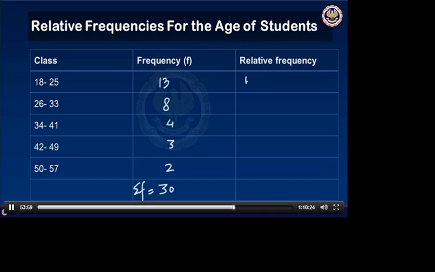So we are going to take 13 divided by 30, and we have the relative frequency as 0.433. Then we can do for the second one, which will be 8 divided by 30, which will be nothing but 0.267. So this relative frequency is nothing but portion of students.